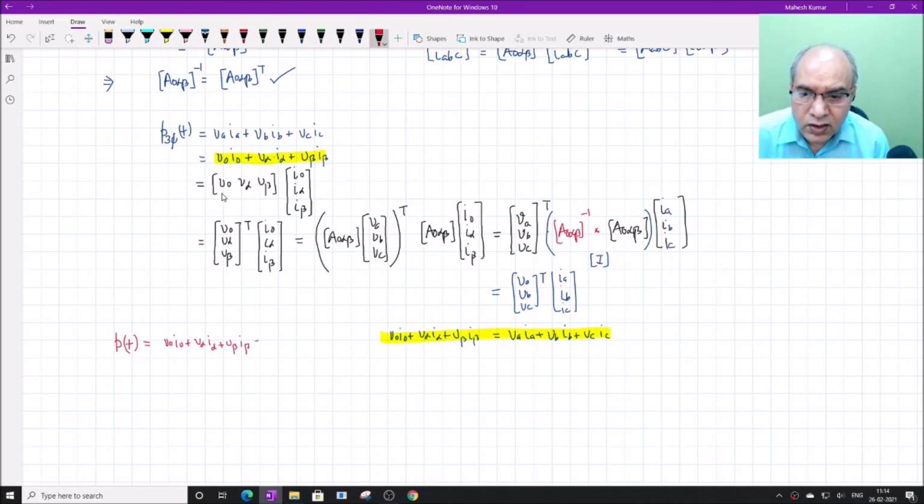This is also called the inner product of voltage and current vectors. So this is V0, V alpha and V beta transpose I0, I alpha and I beta.